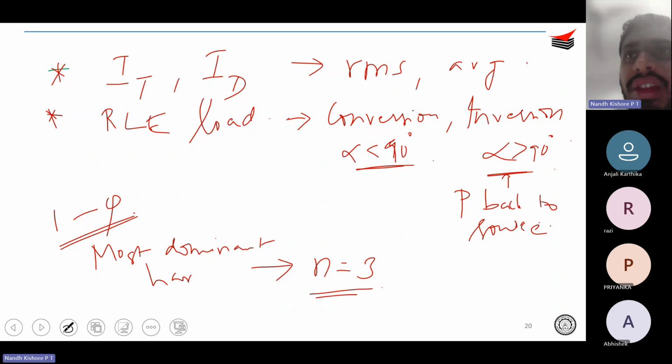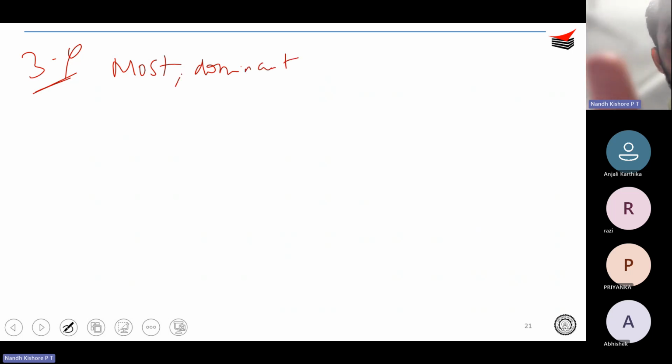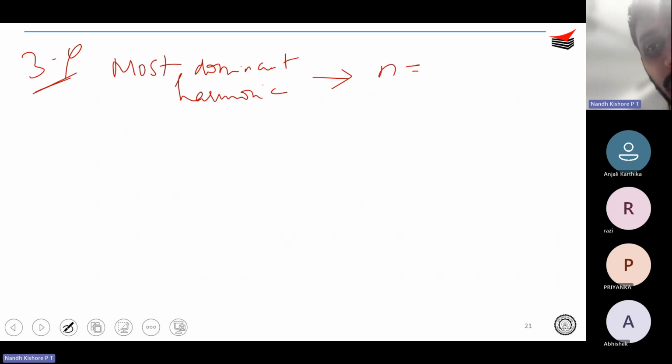However, in the three phase case, you will see that the most dominant harmonic is going to be n is equal to 5, fifth order. Therefore, you can intuitively understand that the THD is going to be much better, right? THD is going to be much lower compared to the single phase case.